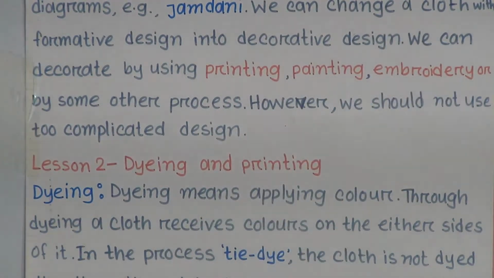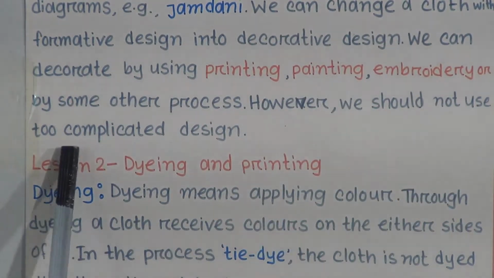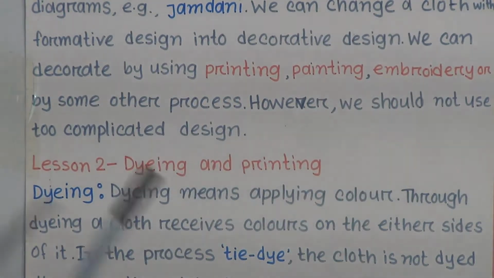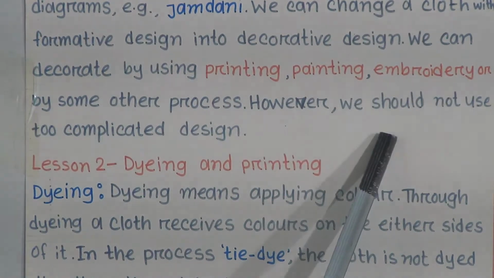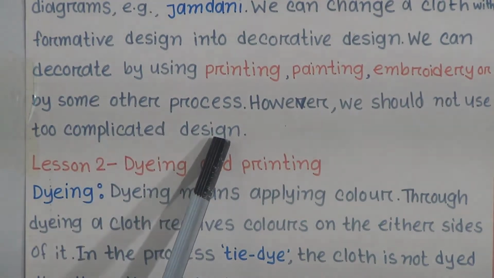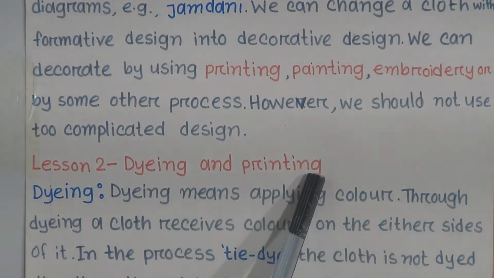We can make a dress decorative. However, we should not use too complicated design. We can make design in our dresses, but we need to be careful that our dress must not be complicated design. Now we'll discuss lesson 2, dyeing and printing.